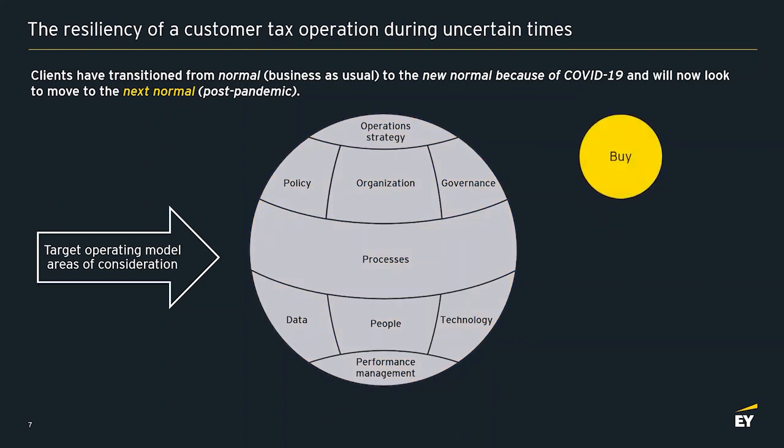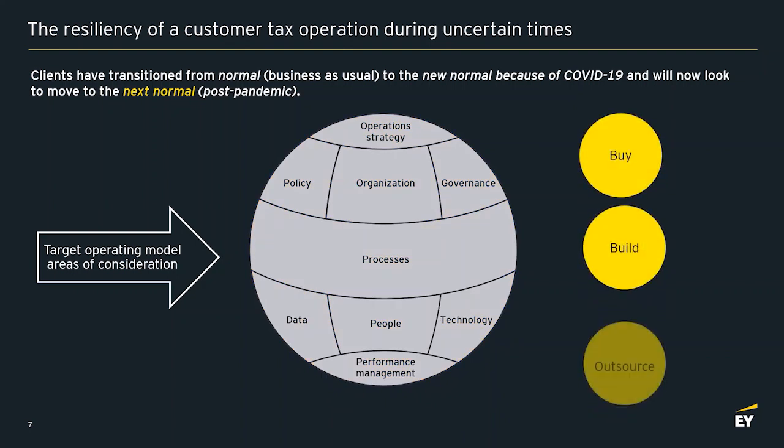Number one, the complexity, sophistication, and volume of your organization is going to be key in the tax operation space. Number two is the reliance on what you do in-house versus outsource versus some kind of hybrid. And then what is the degree of investment that has occurred around the strength of your processes or the integration of technology? And then lastly, what's the percentage or allocation between automation and manual?